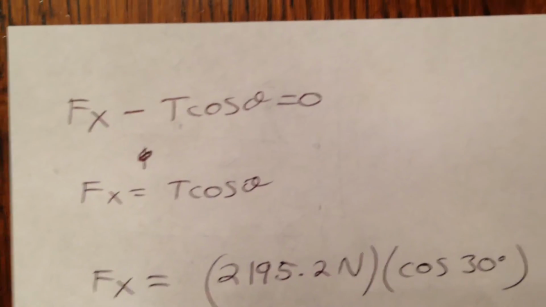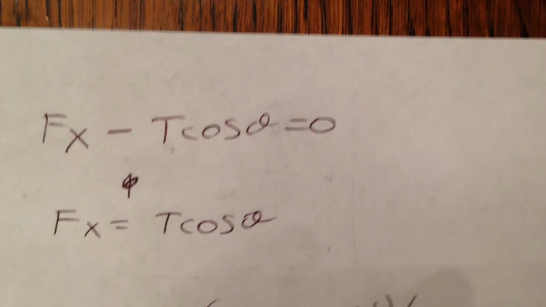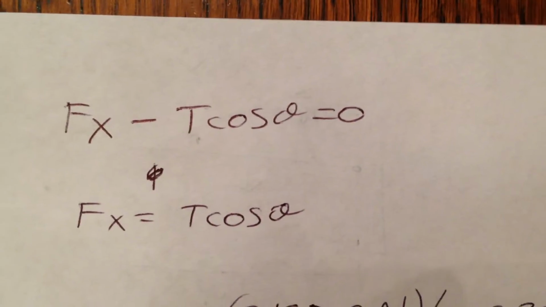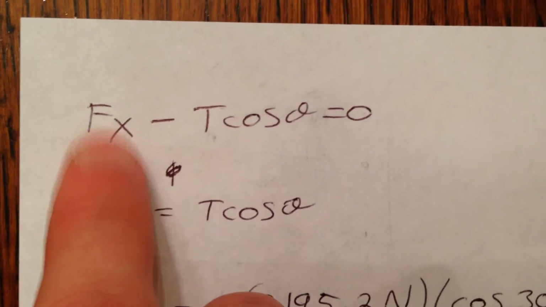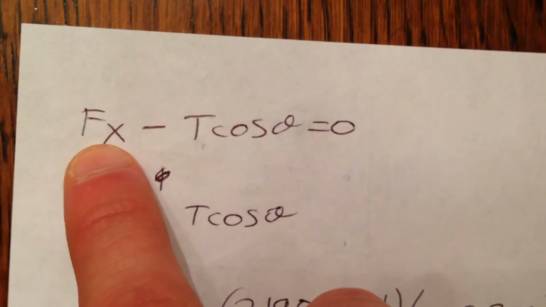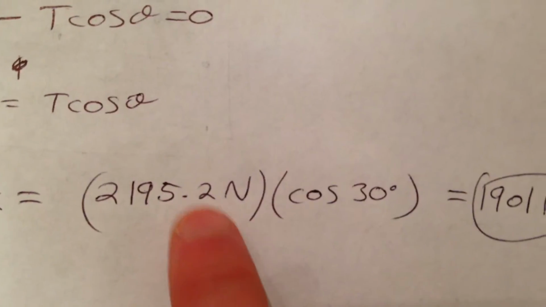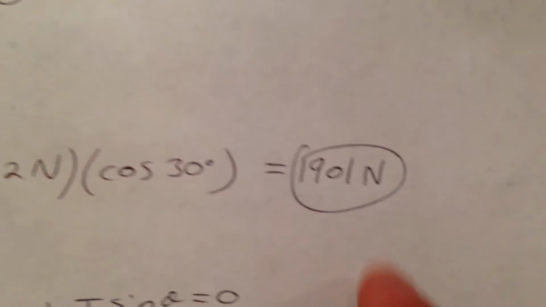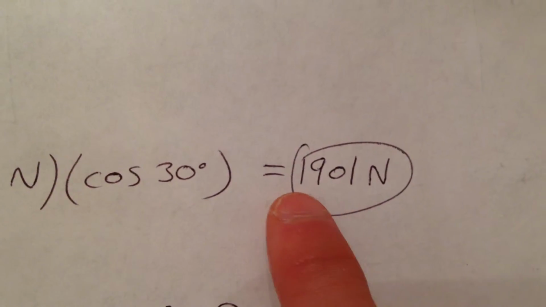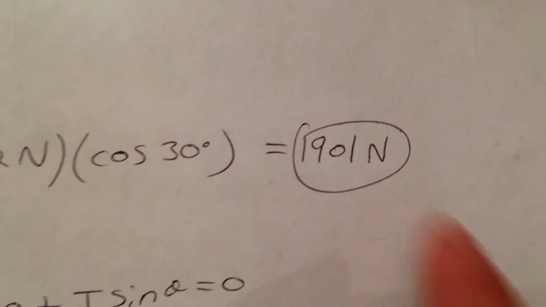Now, since we have the tension, now we can find out the x and the y component of the force. So for the x component of the force, I'm just referring back to this one. I get it over by itself. This is the math for it. X component of the force is 1,901 newtons.